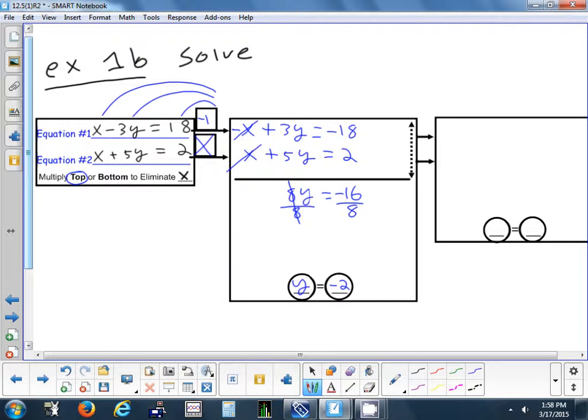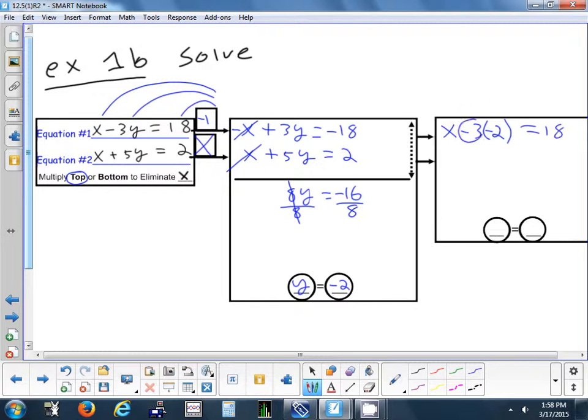Now we have a choice. We can plug it back into the top equation or the bottom equation. In this case, it doesn't matter. You want to do the top? Okay, so we're going to fill in the top equation. So it's x minus 3, and what are we filling in for y? Negative 2 equals 18.